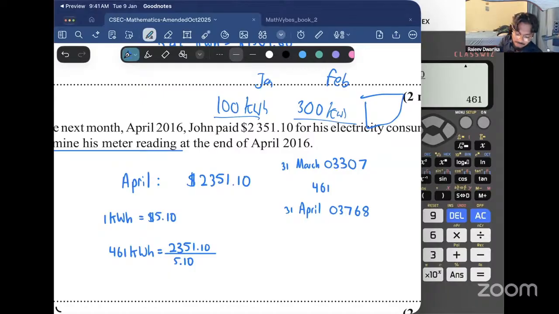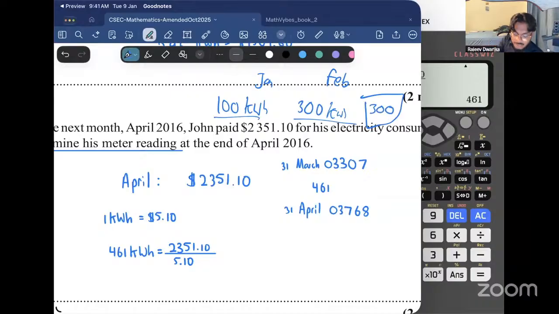Exactly. And I'll get 300, right? So that would tell me that for the month of February I use how much energy? 300. Yeah, 300. So the meter will read 400, but in February itself you actually use 300.